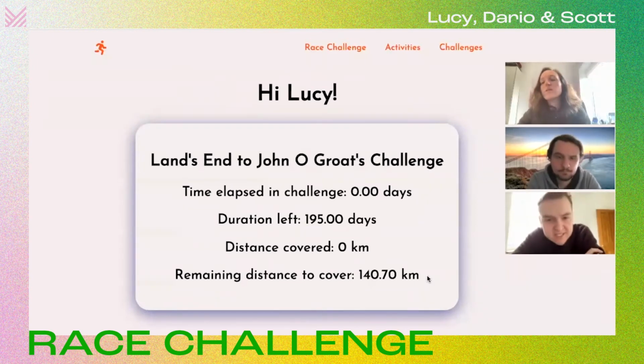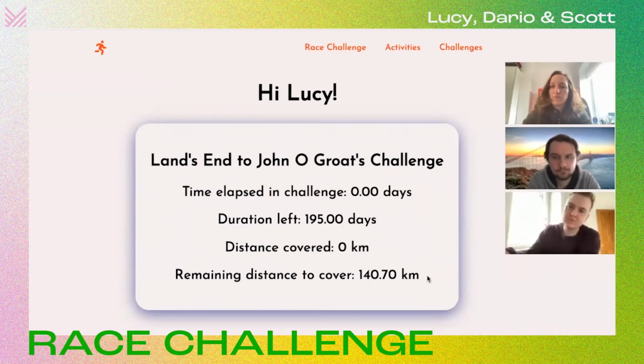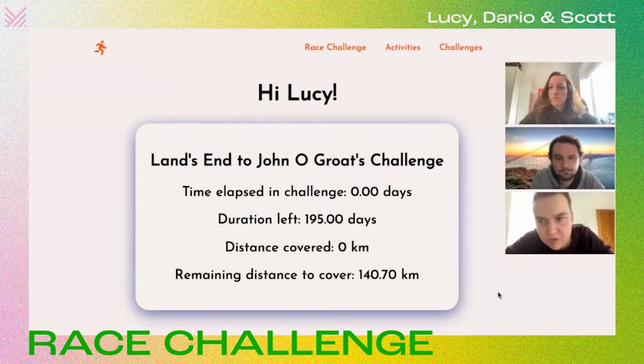So this is where, when you are in a challenge, you'll notice that the render has now changed. There was the stock picture of the runners on the front. Now that you've selected a challenge, as Lucy said, that's stored in state, and you get access to where you're up to in your current challenge. You can see that that's reset now. We've spent 0.00 days in the challenge, because Lucy's only just clicked that.